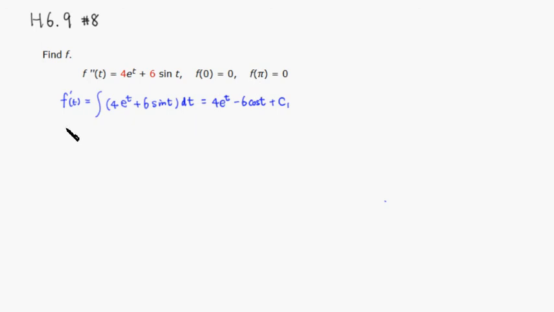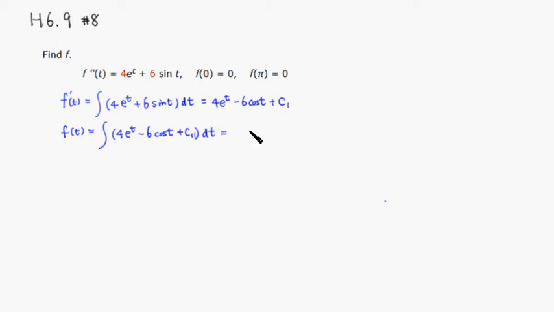So let's take another antiderivative to find f of t. We take the antiderivative of 4e to the t minus 6 cosine of t plus c1 with respect to t.